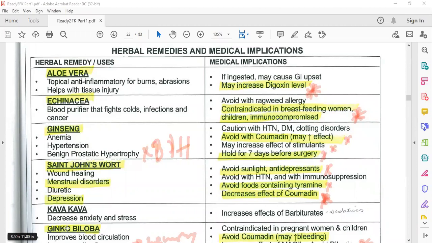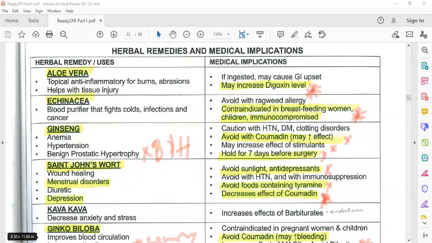The herbal medications that start with the letter G, like ginseng, Ginkgo biloba, garlic, or ginger, always interact with blood thinners. They always interact with warfarin, coumadin, or heparin.